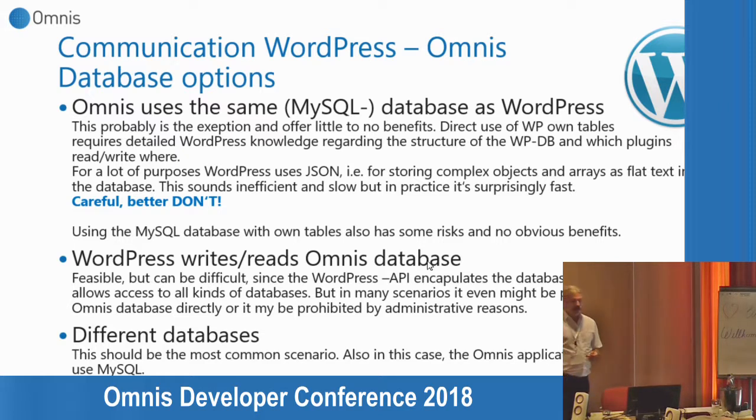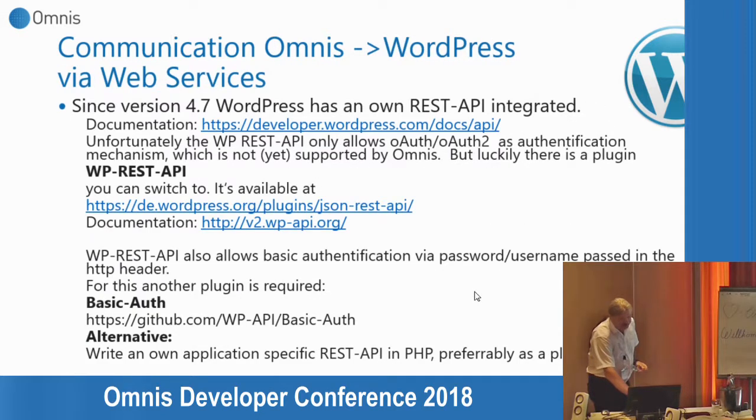So this also doesn't make very much sense. In the end, it's better to have two different databases, probably the database of your Omnis application, which already exists and which you can access right from your Omnis Web Client application.